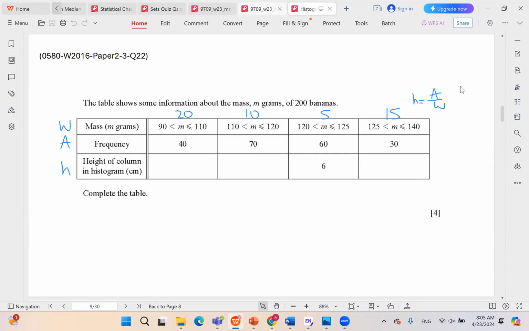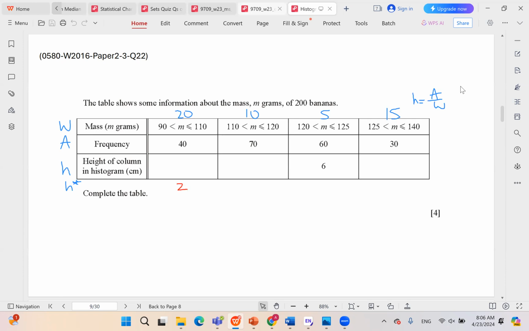Now, let's start with the one that they actually gave us, because it might not be exactly the same as their given height. So I'm going to create H star, for example, here. And I'm going to write down what I expect the height to be, and then we'll see if a ratio is involved or not. So H star is area divided by width. So 40 divided by 20, this is 2.